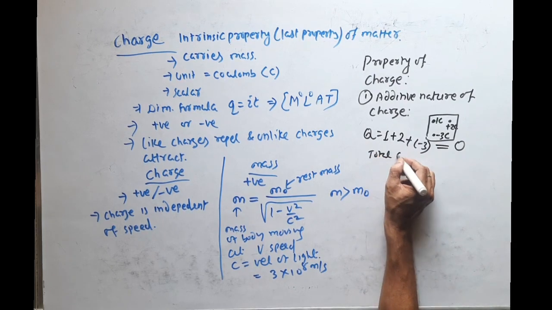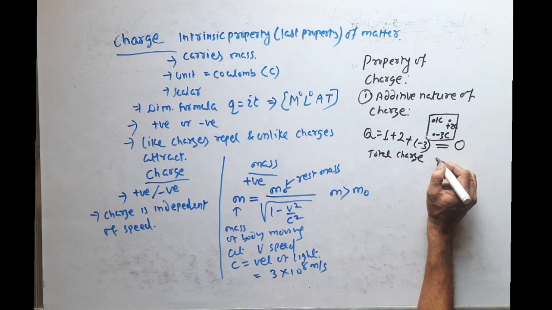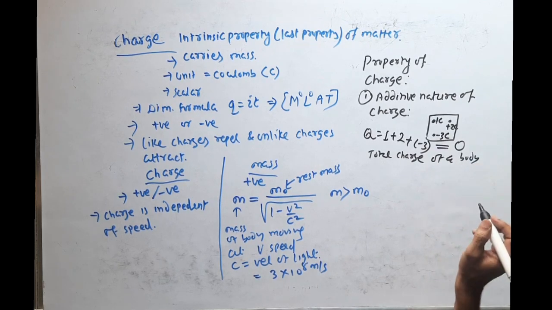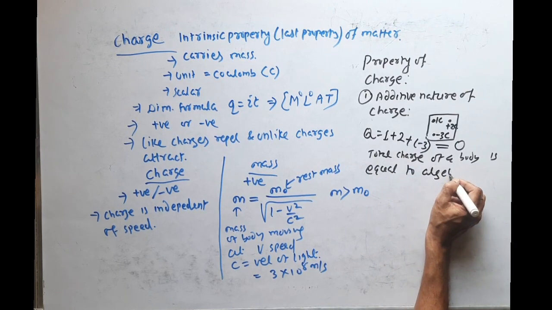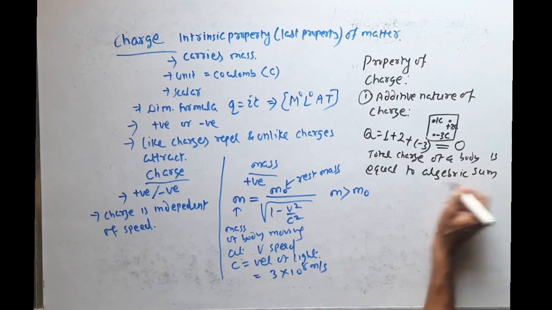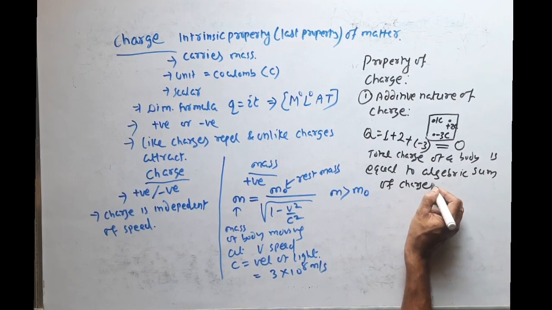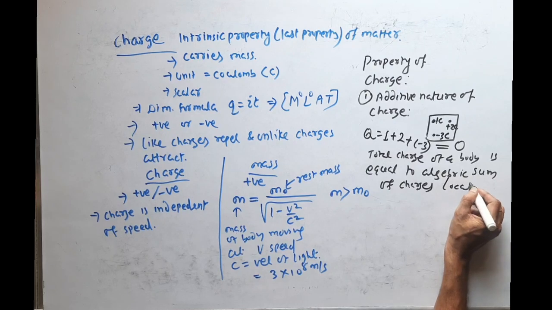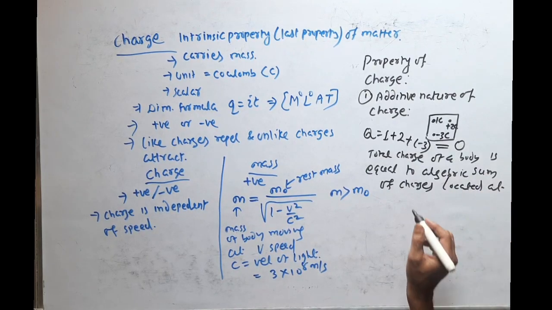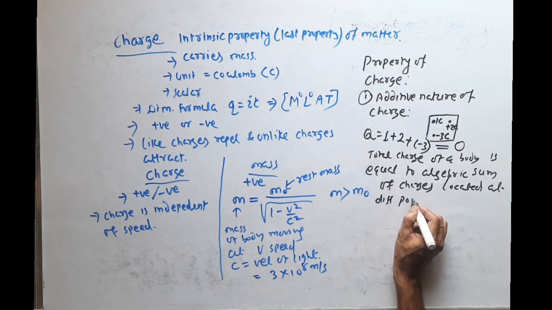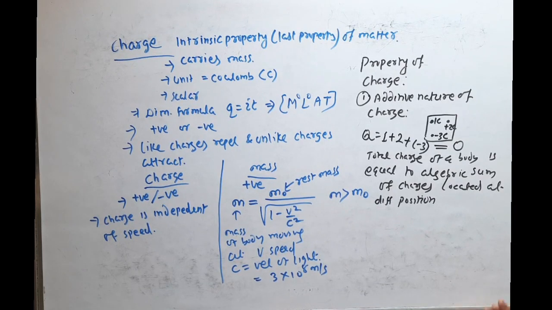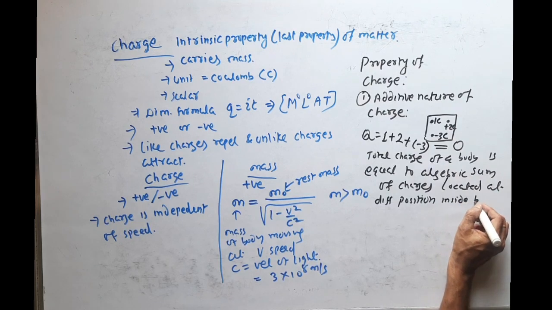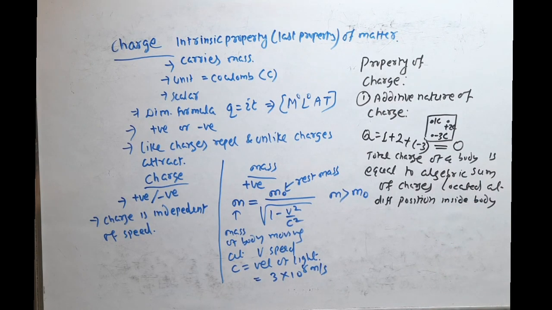Total charge of a body is equal to the algebraic sum of charges located at different positions inside the body. So this is the first property of the charge.